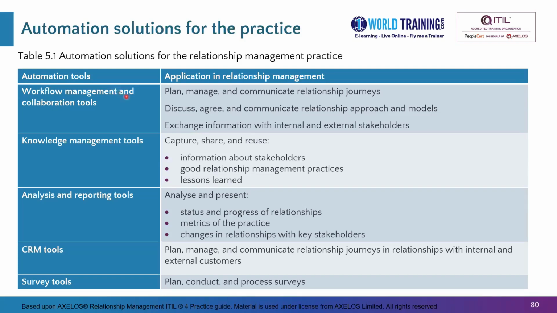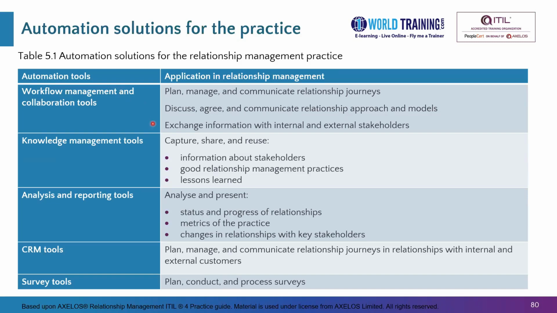For example, they can help to plan, manage, and communicate the relationship journeys among various stakeholders, beginning with the explore step and moving through the other 6 steps, such as engage, offer, agree, onboard, co-create, and realize. Because it's a combination of workflow management and collaboration, this helps to discuss, agree, and communicate the relationship approach and models, and to exchange information with internal and external stakeholders.